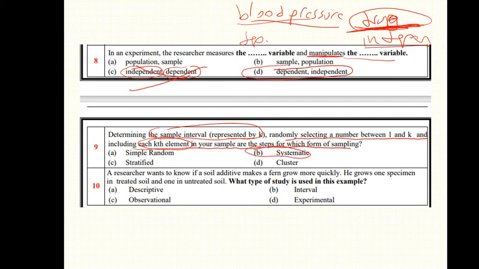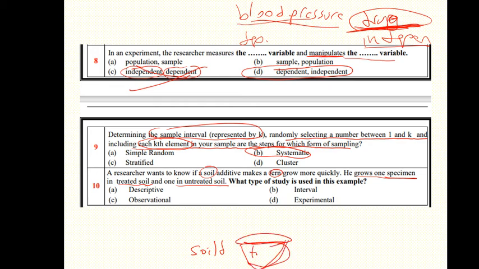A researcher wants to know if a soil additive makes fern grow more quickly. Soil means earth. And fern is a plant. He grows one specimen, one plant, in treated soil and one in untreated soil. So he puts the soil here, in a cup, let's say.